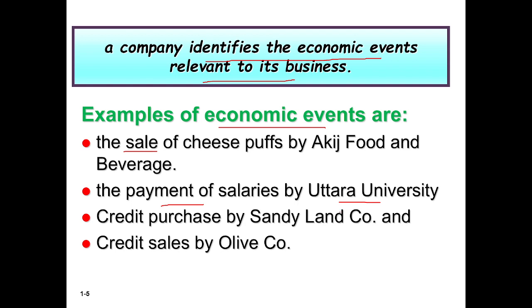We call this a cash payment, a transaction or economic event. Or credit purchase: later we need to pay, but now we have purchases on credit. Credit purchase is also an economic event, and credit sales are also economic events.